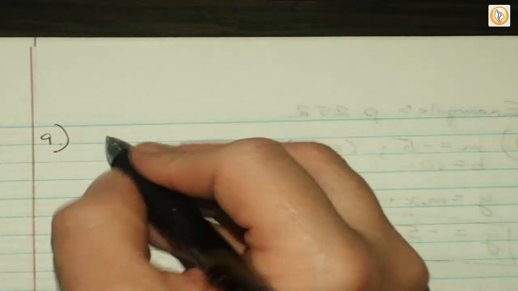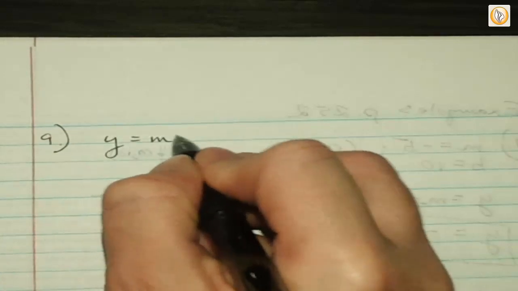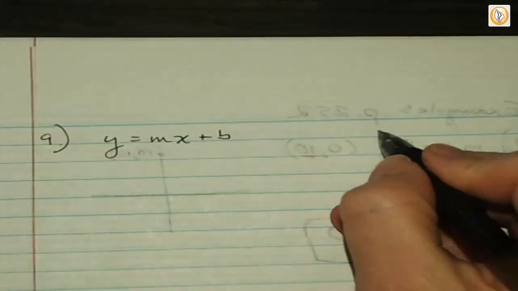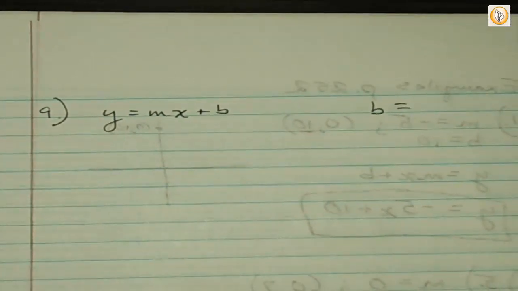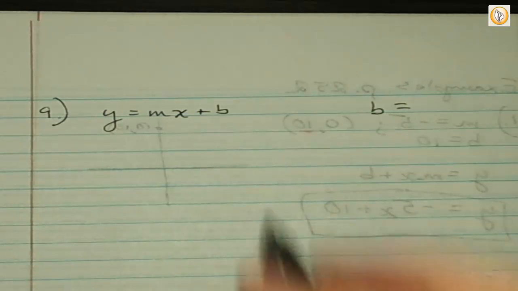All right, so we want to put it in this format. Let's start with our b. What is our y-intercept? Let's see, Morgan. Look at the graph. What would our y-intercept be? -1.